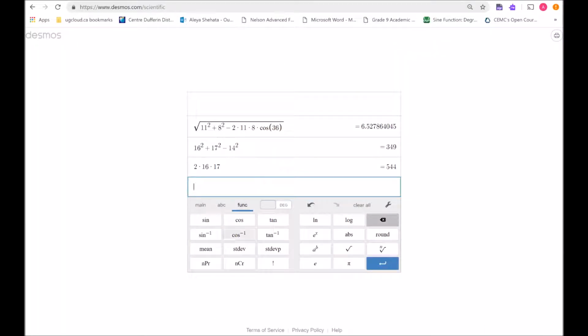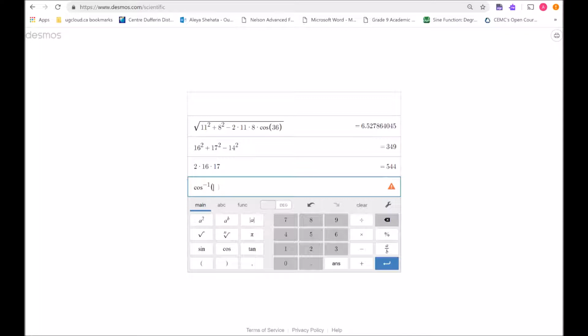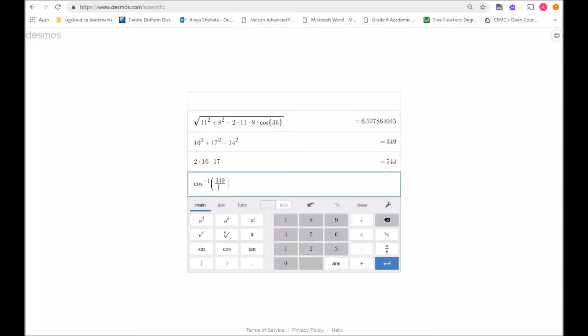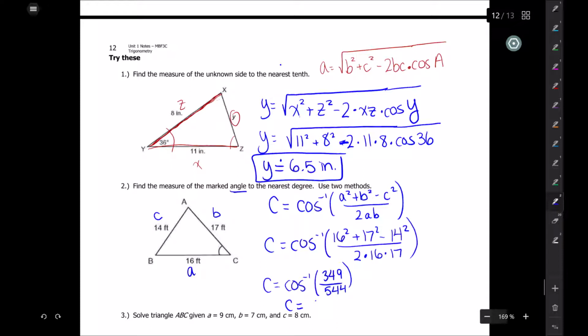So I'll go to function, inverse cosine of 349 over 544, close my bracket, and I end up getting 50 degrees. That 0 after the ones place tells us to keep the 0 exactly the same. So if we look right here, we end up getting C equals 50 degrees.